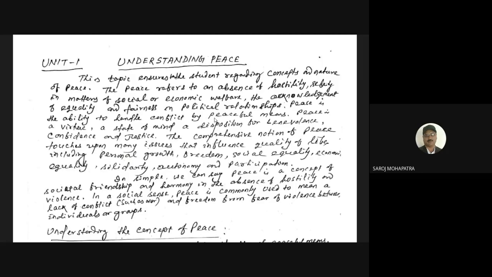In a social sense, peace is commonly used to mean a lack of conflict, such as war, and freedom from fear of violence between individuals or groups. That is, there is no war, no fear among people, there is freedom, and such an environment we call peaceable circumstances.